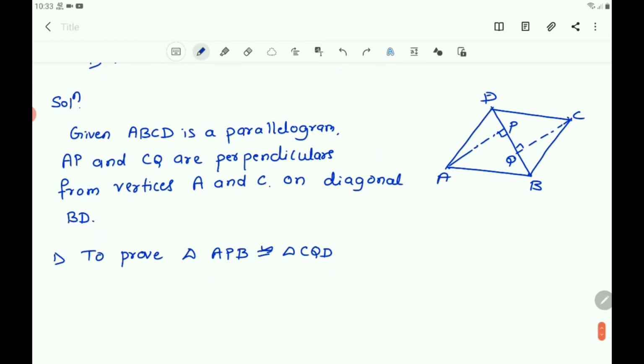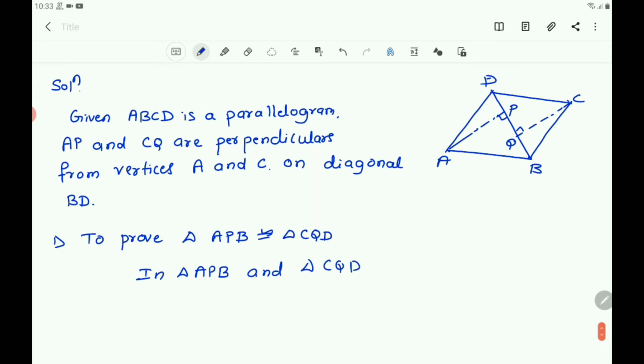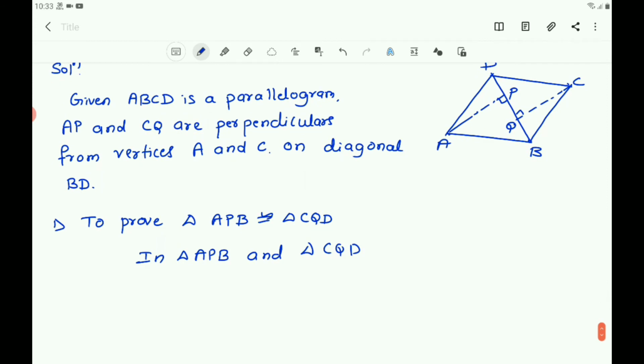So here write the equal parts to prove them. You know that opposite sides of a parallelogram are equal. Therefore, first you write the names of the triangles. In triangle APB and triangle CQD, first you write AB equals CD.